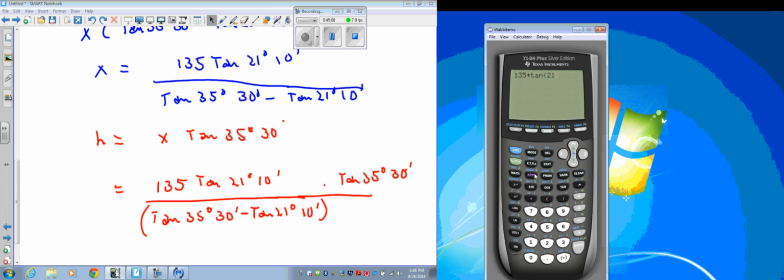Gotta go second, angle. 10. That's 10, right? Times tangent.